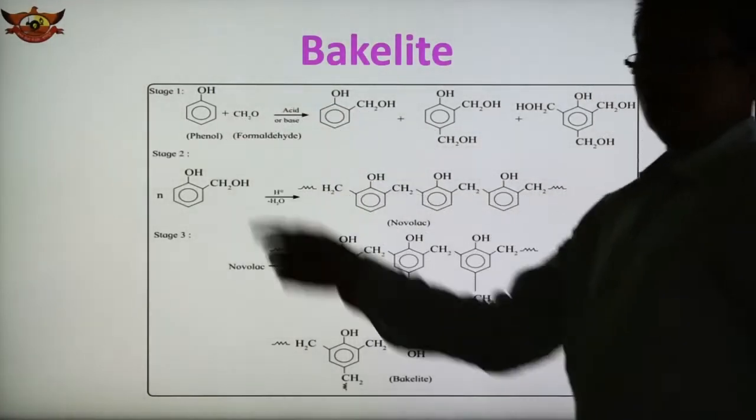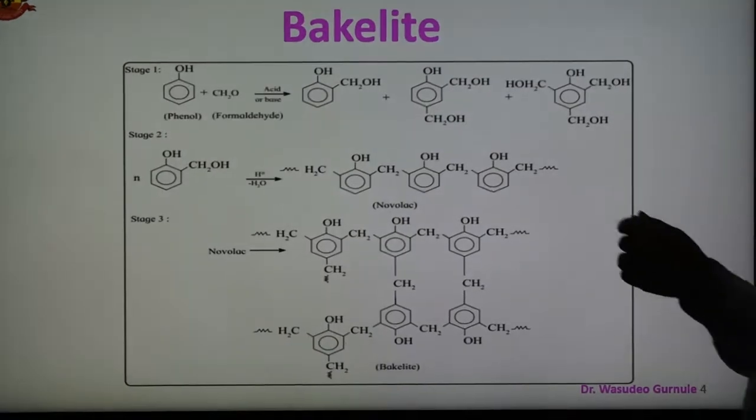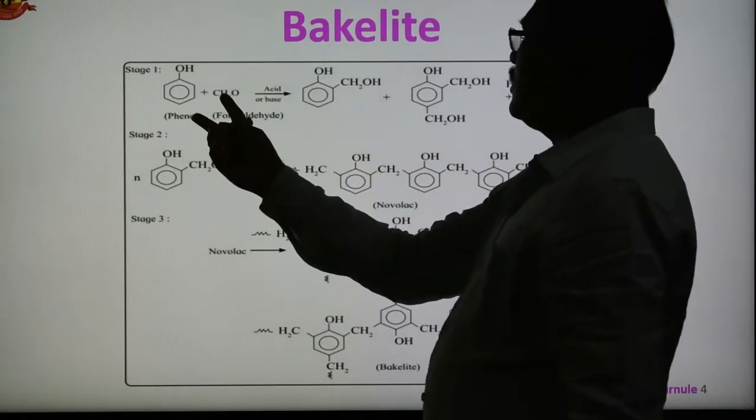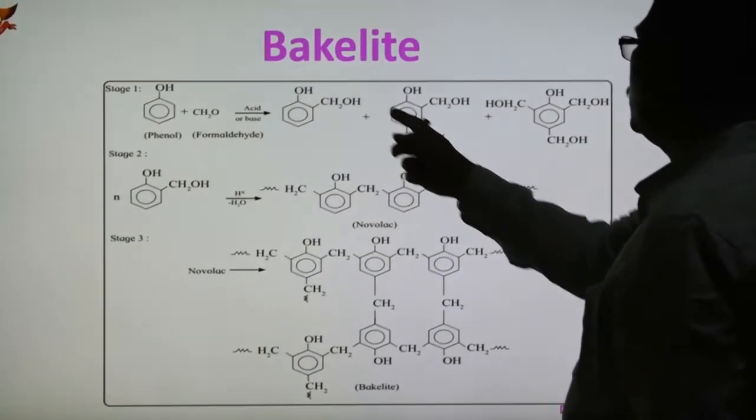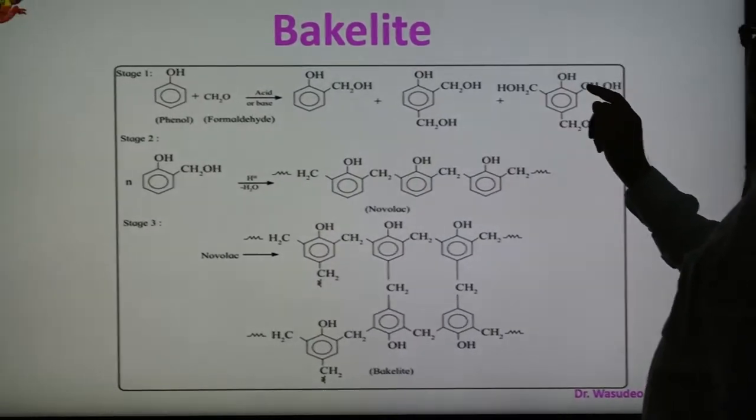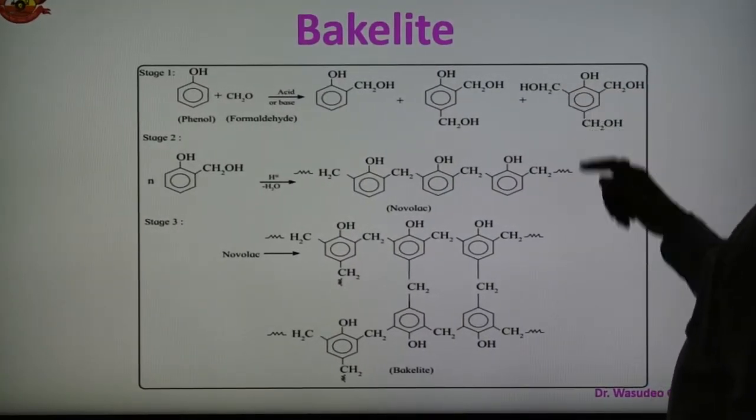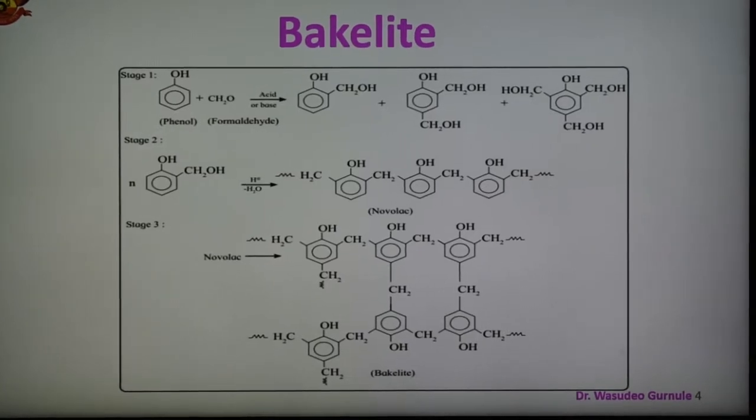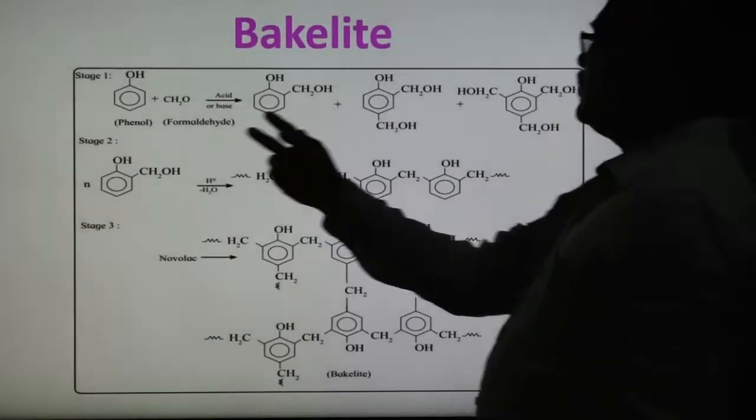So these two monomers undergo polymerization in the presence of an acid or base catalyst, forming ortho, para, and 2,4,6 substituted phenol compounds. This is the first stage.